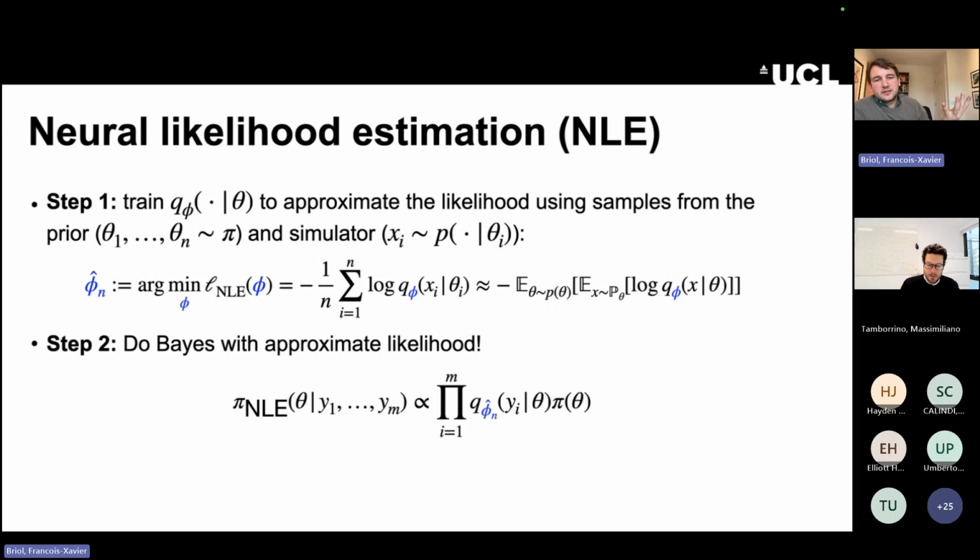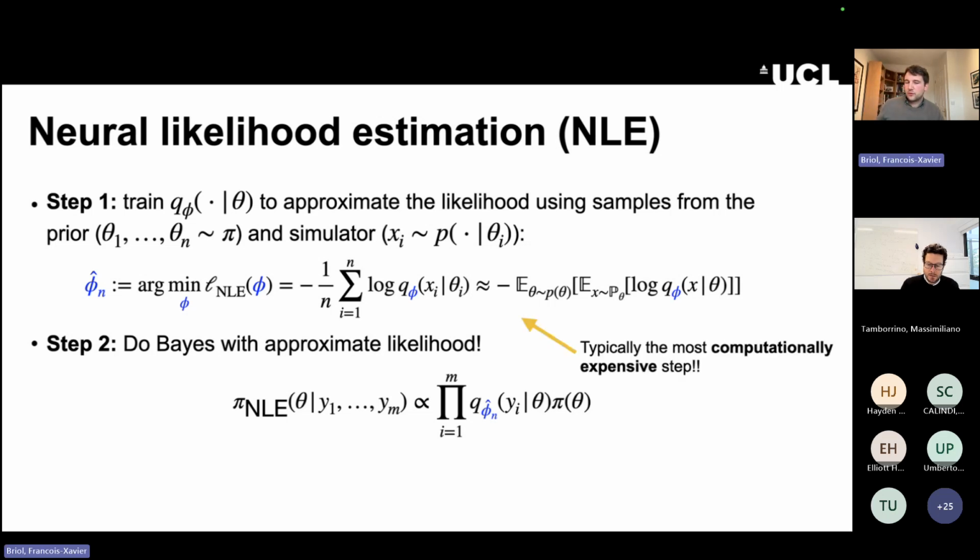And so now I'm getting this posterior. I'll call it the NLE posterior. And again, because I have a tractable Q phi, I can go and approximate the NLE posterior whichever way I want. So I can use MCMC, I can use variational inference, whatever I want. Okay, and so this general approach is what's typically referred to as neural likelihood estimation.